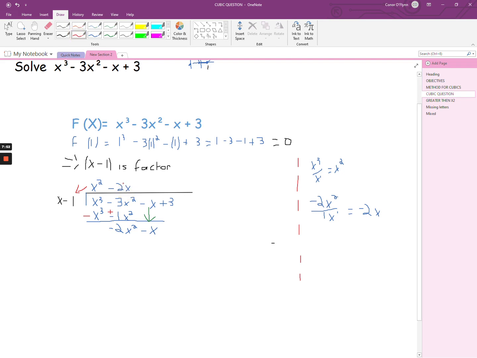So I have to multiply this back in to this part here. So x minus 1. Okay. So it'll be minus 2x by x is minus 2x squared. And then minus 2x by minus 1 is plus 2x.